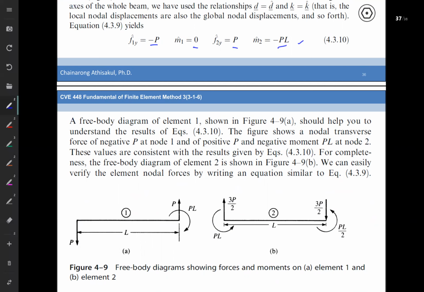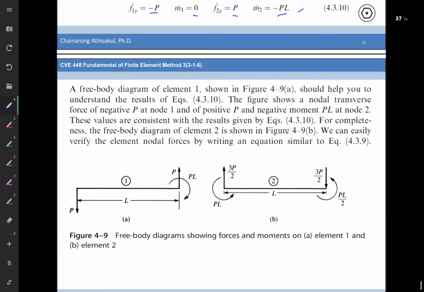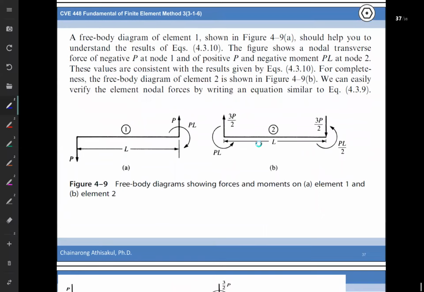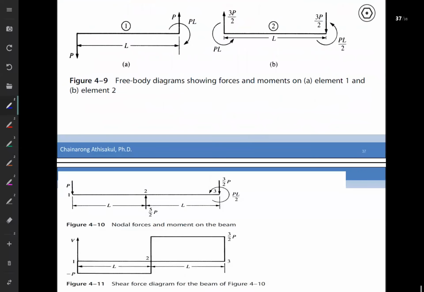After we have the solution for both elements, element number 1 and element number 2, we can draw the free body diagram using the solution at the nodes, like this, and we can draw the shear force and bending moment diagram also.